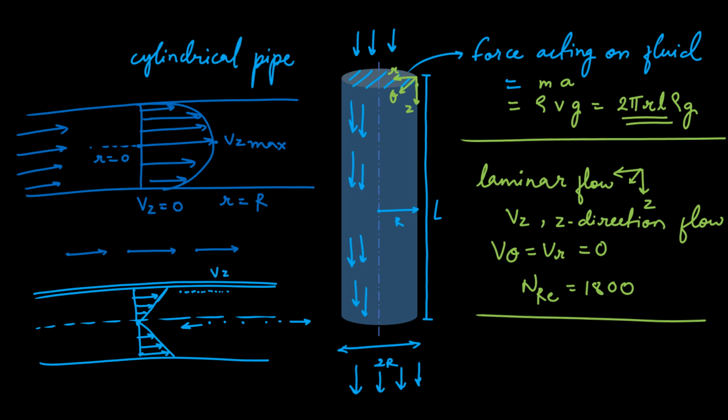So velocity here is almost 0, but shear stress is maximum. Shear stress is maximum at the boundary, but here shear stress is some finite value, and velocity here is maximum.